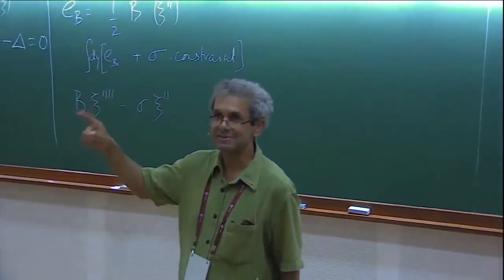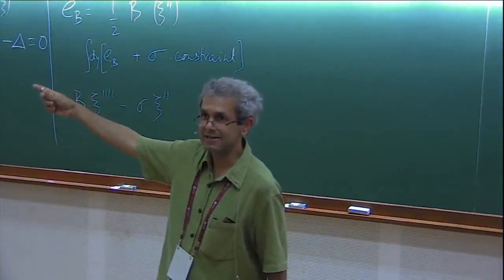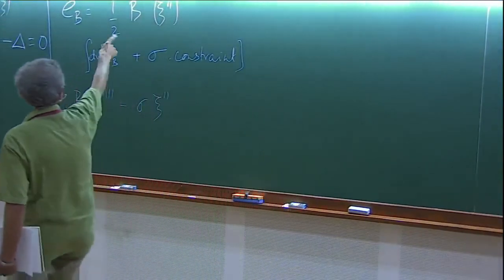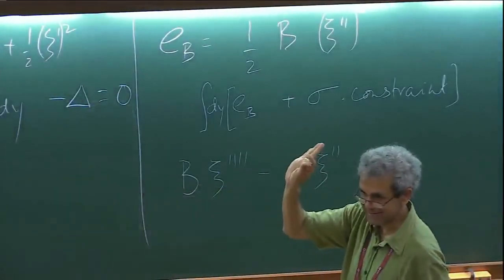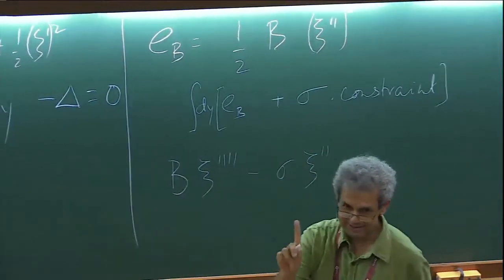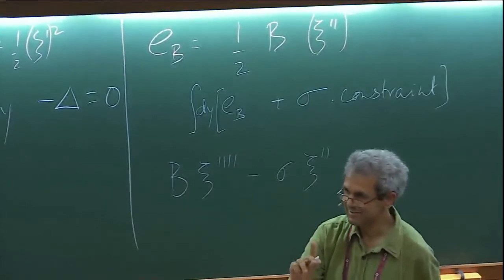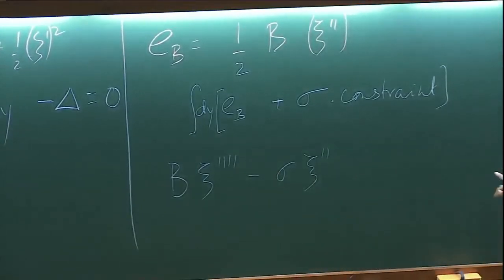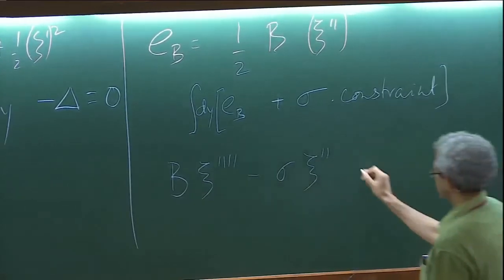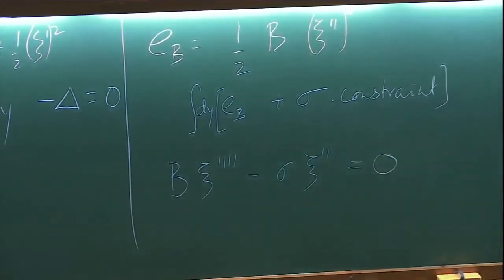Every time you do one of these, a boundary term goes away and gives you another partial. So these two derivatives turn into 4 derivatives. This is worth doing once in your lifetime, and then maybe once again when you plan to teach a class like this. But whether you want to show your class or not is a matter of taste. Okay? So this is 0. Oh, sorry, I'm speaking as an experimentalist. The rest of you, please do it all the time. Do it for fun.